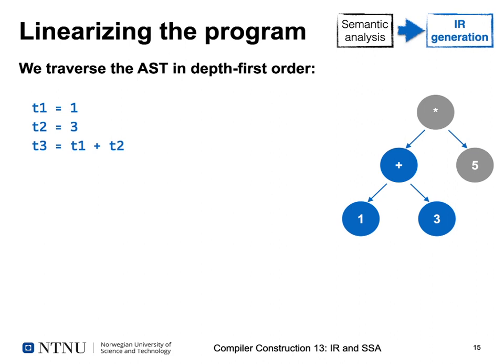So we can translate this node 1 here, which just gives us the idea that we have a constant 1, into loading the constant 1 into the first temporary variable. Then we load our constant 3 into our second temporary variable. And finally, we combine both using the operation indicated here. So we say T1, T2, we combine them using plus and store them in yet another temporary variable, which we call T3.